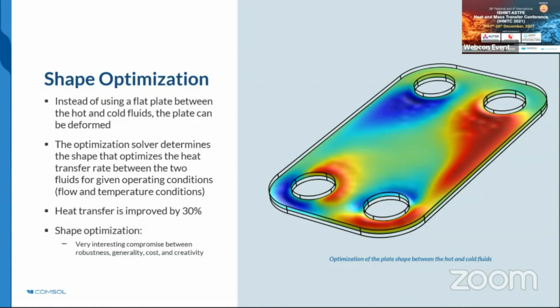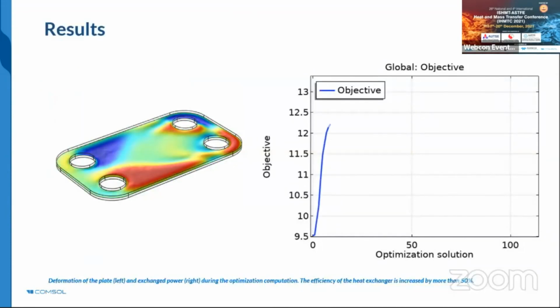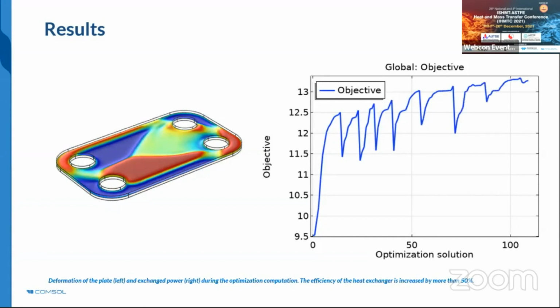By default, the plate is flat, but in this model, we are looking at the effect of deformation on the efficiency of a plate heat exchanger. So here you can see a magnified deformation of a plate, and while it's solving, you can see the objective function oscillating a bit, but still increasing until it finds the optimal shape for the system.